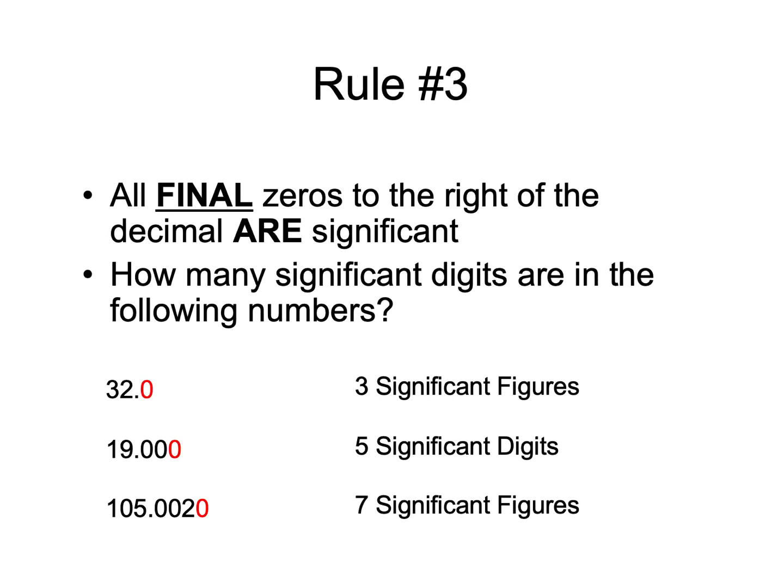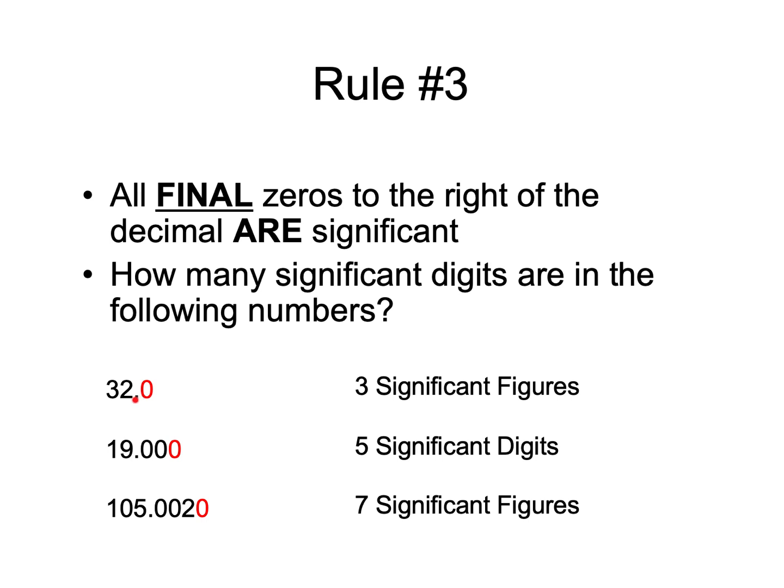When trying to determine which digits are significant or not, it's the zeros that can be a little bit tricky. Now, we've already seen that if the zeros are between non-zero numbers, they're significant. What about other zeros? Well, if the 0 is a final 0 to the right of a decimal point, then those zeros are significant. So I've got 32.0. This would have 3 significant figures because this 0 is significant.